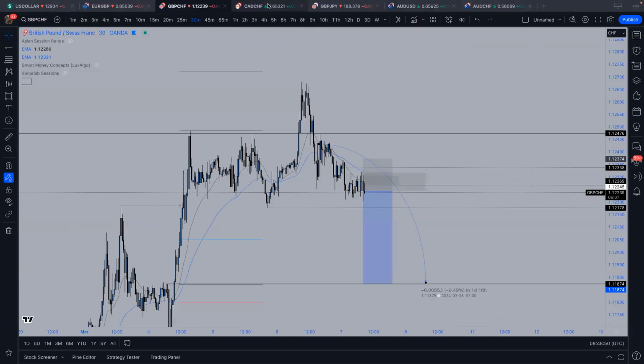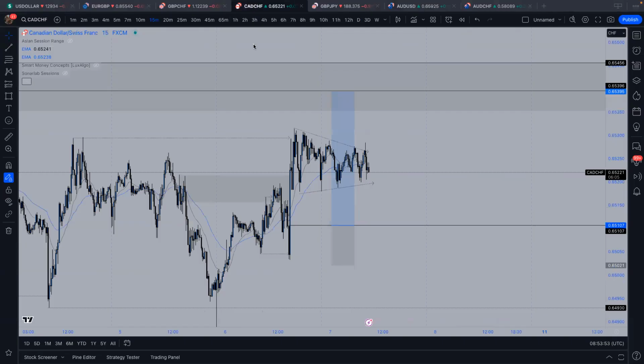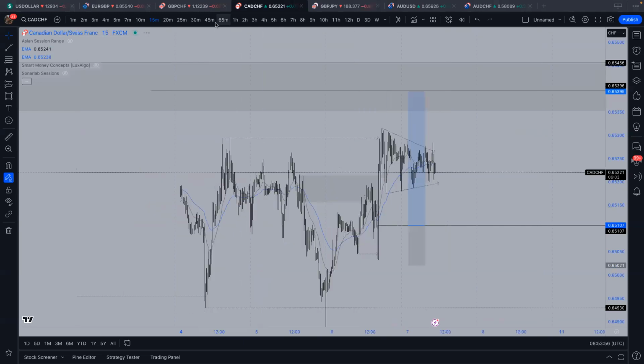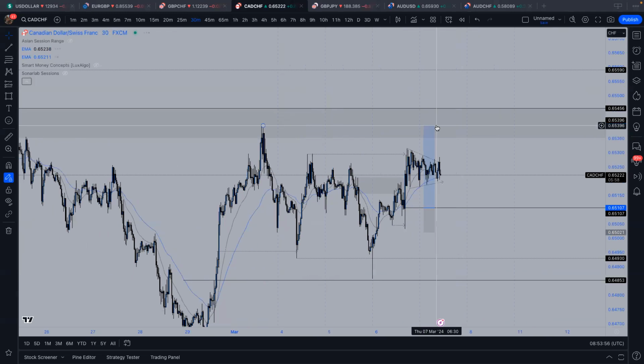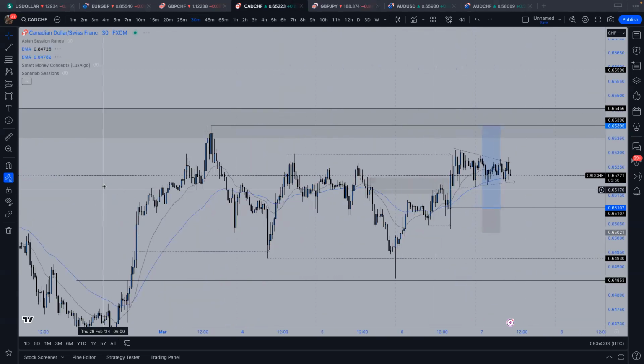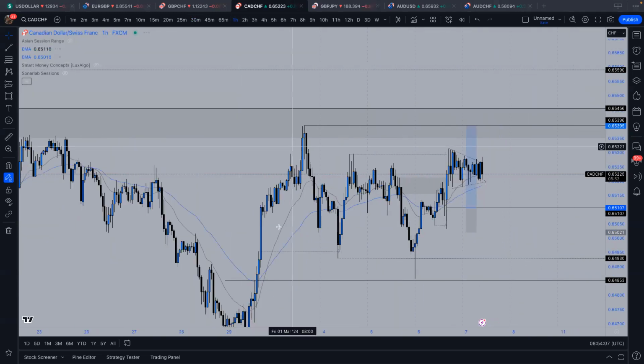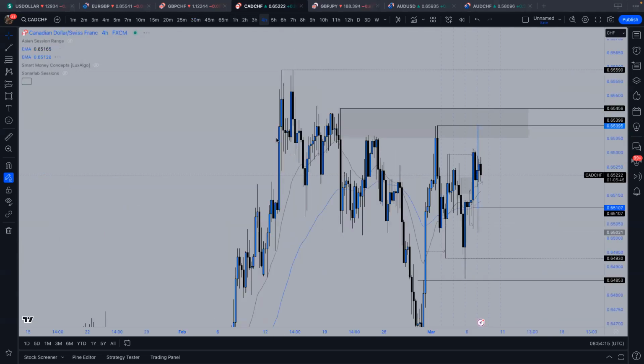So CAD, CHF, again yesterday, really nice buys. We came into this hourly zone here, and I really wanted to see if price was going to come down.